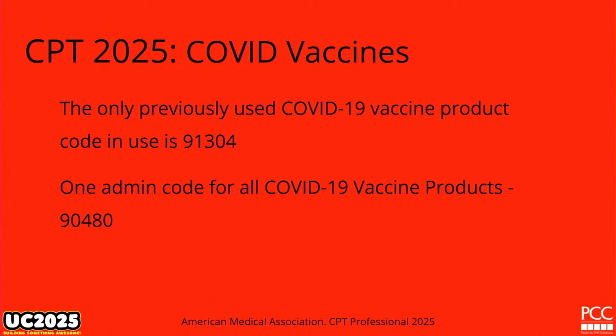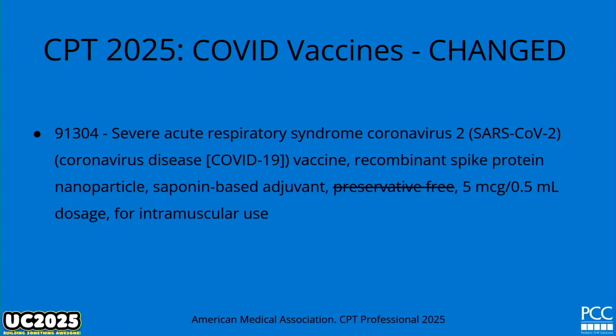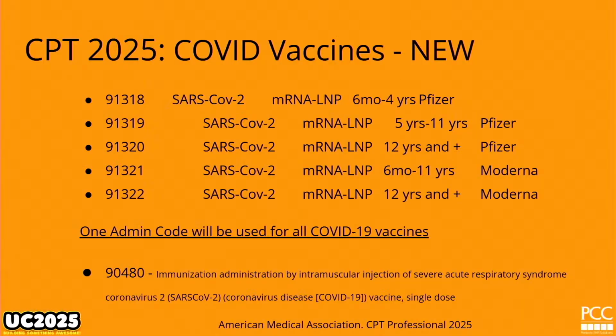So if you're using that, just make sure for your claims this year that you're not utilizing any of the old admin codes. If you have billing config in your system to point to those old admin codes, you should only be reporting that 90480. One thing with that 91304 is the preservative-free has been removed from that as well, so see the strike through there. And then these are all of the new vaccines for COVID that were added this year.